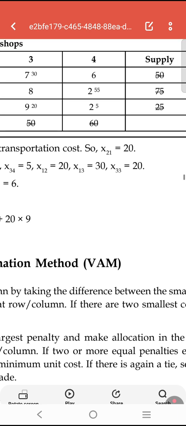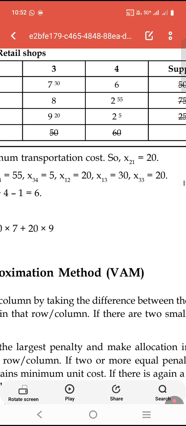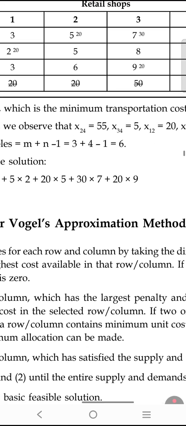Last is the remaining cell with cost 9. Remaining supply is 20 and remaining demand is 20, so we allocate 20 in cell 33.